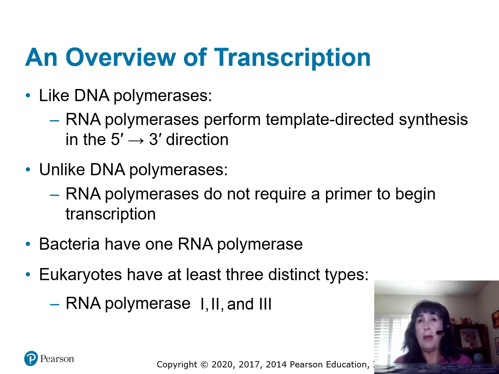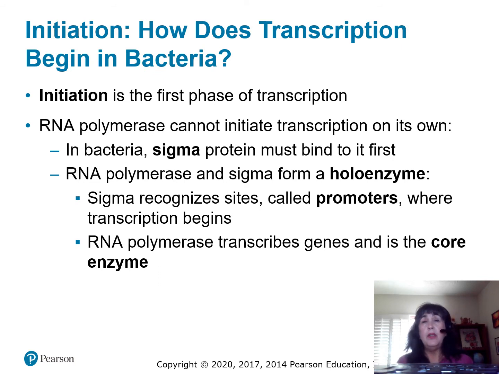Now, we're going to talk about both bacteria, which are prokaryotes, and then eukaryotes. A eukaryotic cell would be a plant, animal, or fungal cell. So bacteria have only one type of RNA polymerase, and eukaryotes have 3 types, 1, 2, and 3. So we're going to talk about bacteria first, and then we'll go to eukaryotic cells.